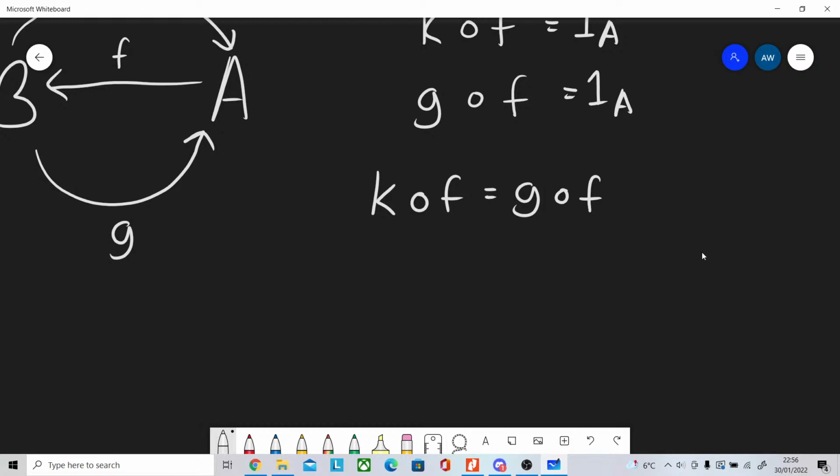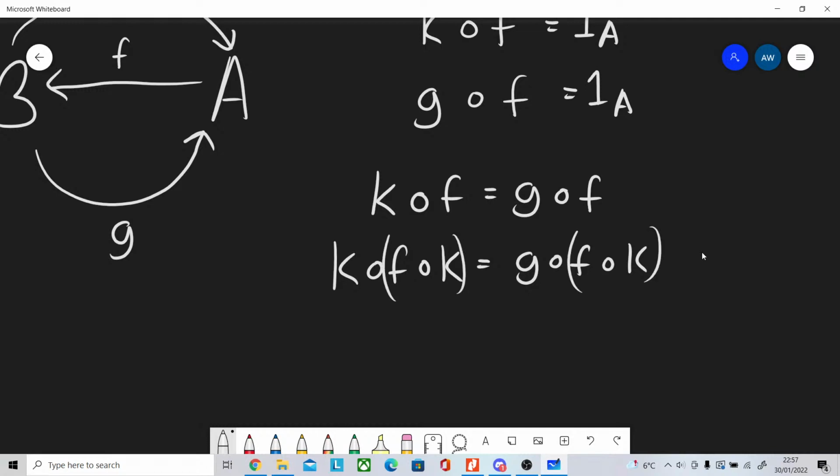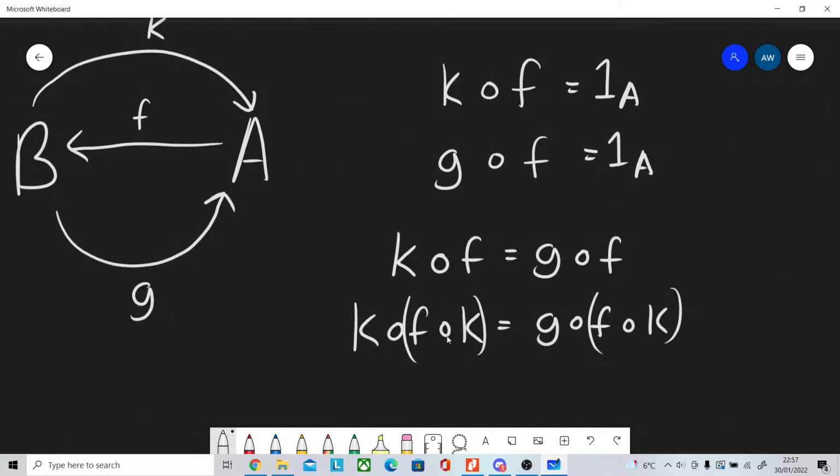I feel like we can just apply f inverse on both sides. Or we can even apply k on both sides, and then we can group like this. What is kf?